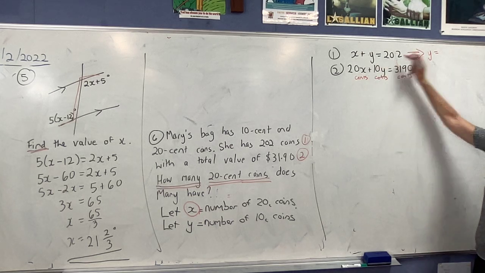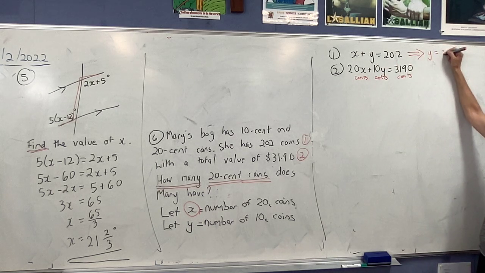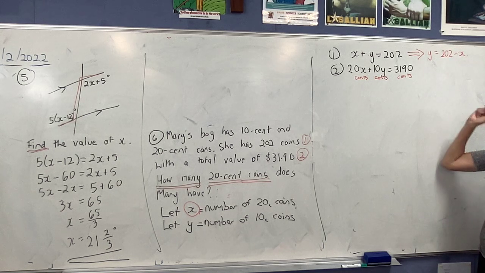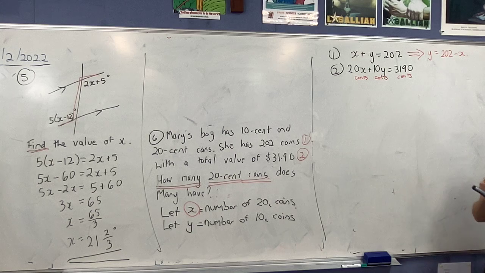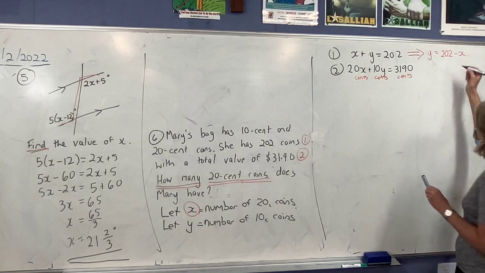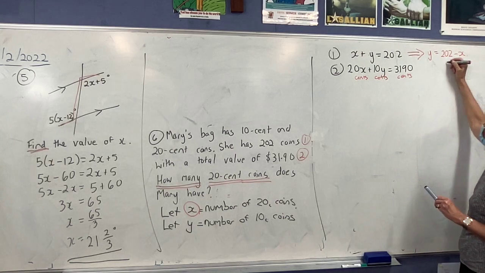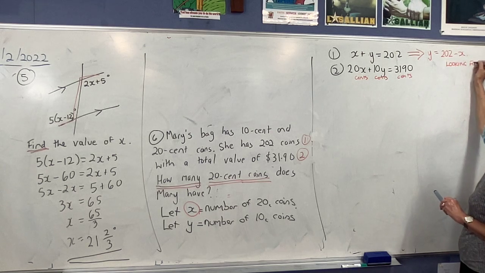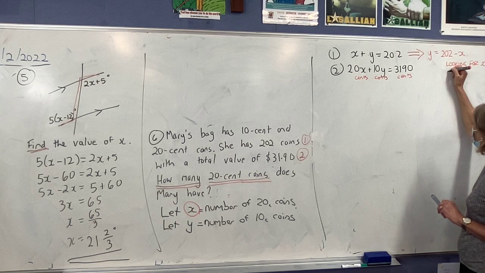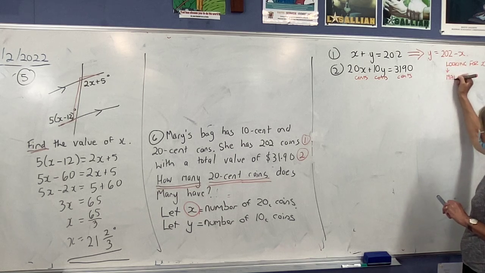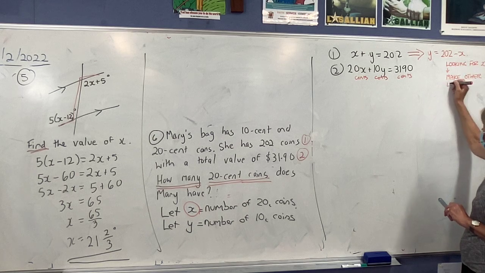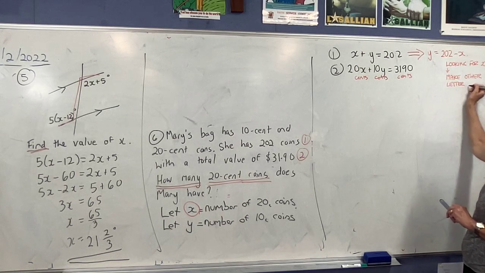Rearrange this equation. Y equals 202 minus x. Perfect. Everyone okay with that? That's the one we're going to use in a minute. So if you're looking for x, I'll just write a little note under here. Looking for x, make the other letter the subject. And you'll see what happens in a minute.